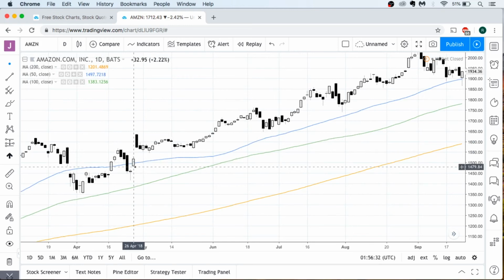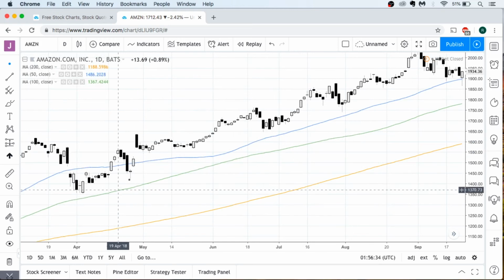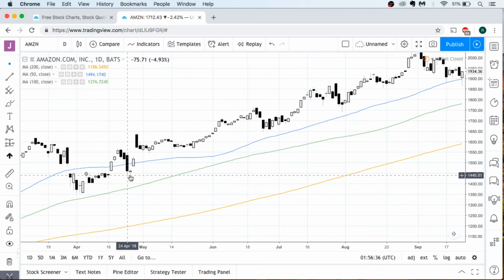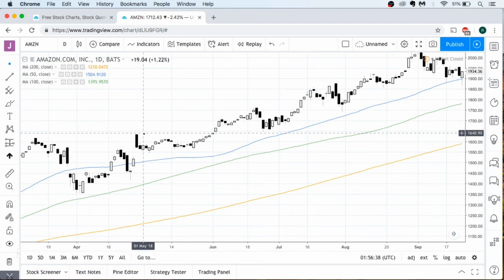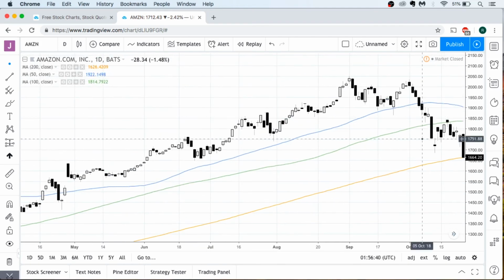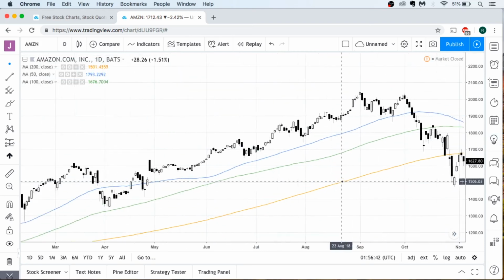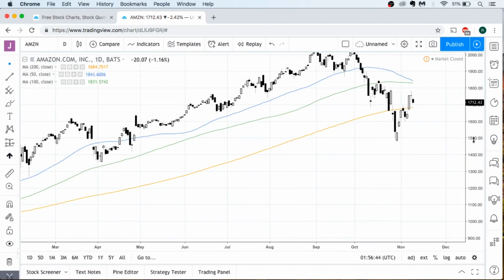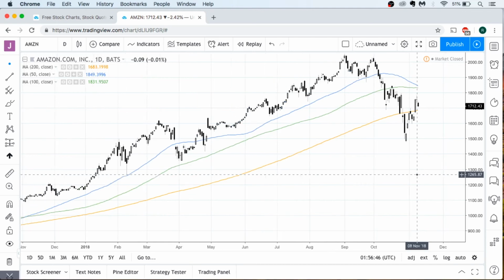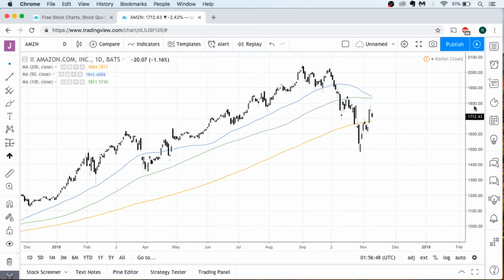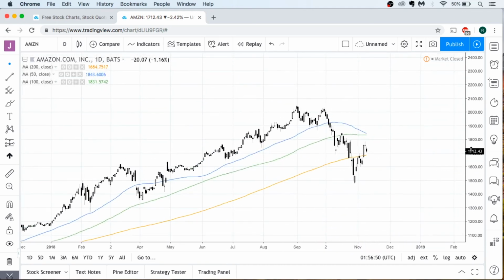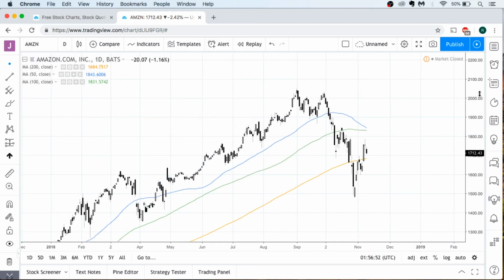That'd be a great indication that the institutions gapped it back above the 50, and now we're going to have a nice uptrend. So just look at these two quickly, two different strategies for avoiding trading against the trend, and hopefully that helps you get closer to where you want to be.